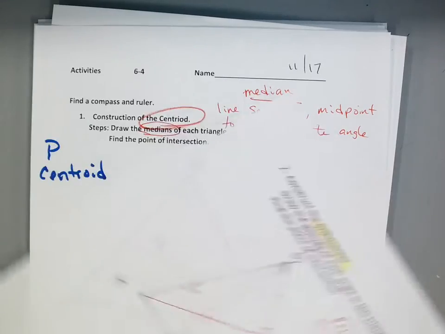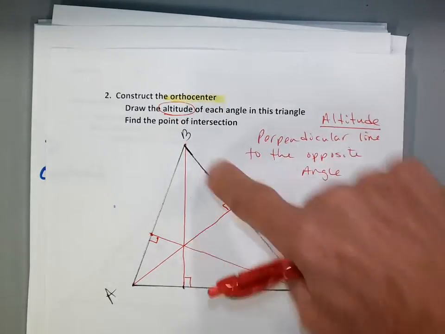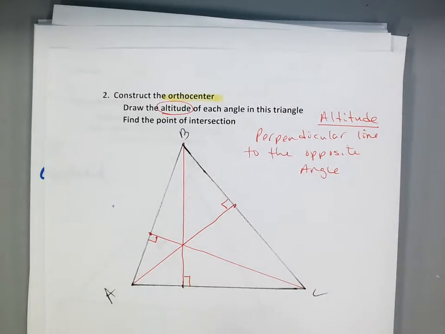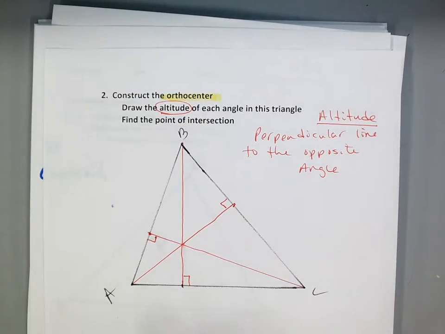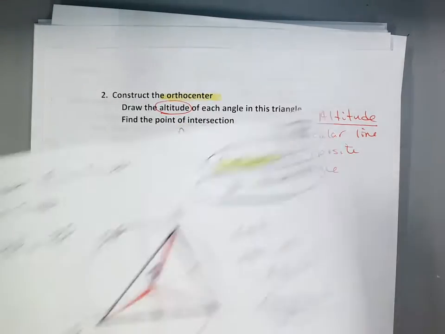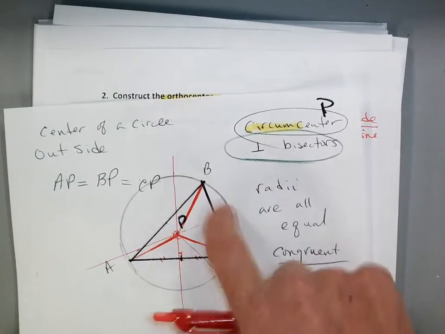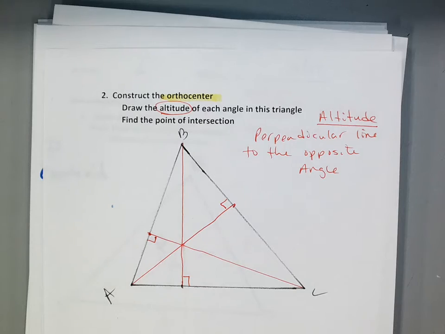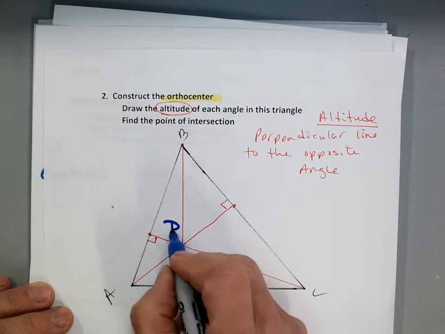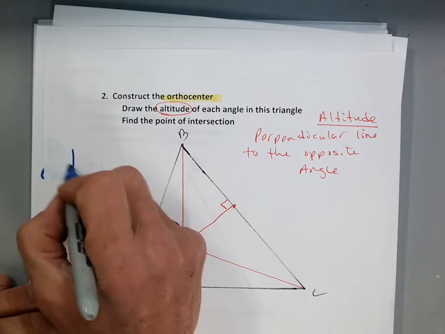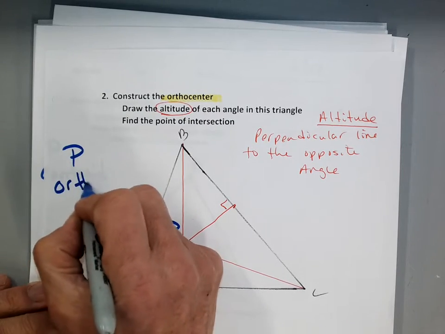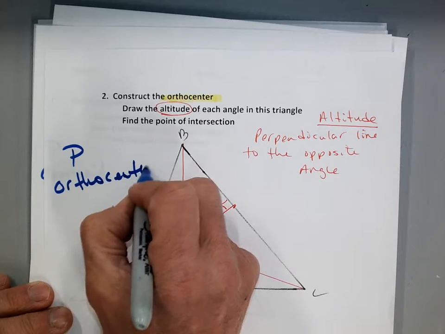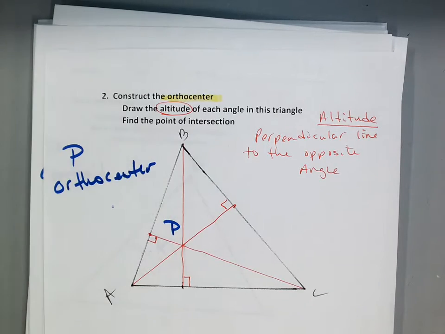And an altitude goes from the angle straight down. Unlike perpendicular bisector, sometimes it doesn't even go through the angle, okay? Now, that's called the orthocenter. So let's call this point P. There's my point P. And point P is the orthocenter. There's nothing really special about the orthocenter, but we can find it, okay?